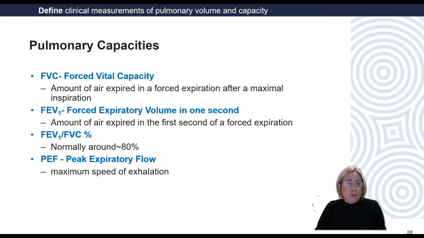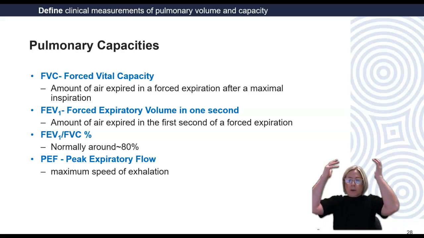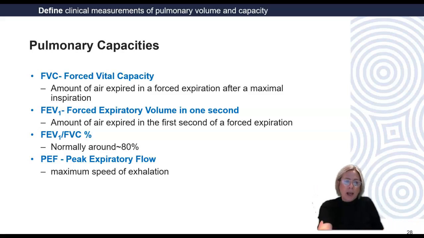Now there are other pulmonary capacities as well. You can have a forced vital capacity. Now the forced vital capacity is the amount of air expired in a forceful expiration after a maximal inspiration. So again, it's forced because you take in as much air as you possibly can and then you blow it out as fast as you can. The FEV1 then is the forced expiratory volume in 1 second.